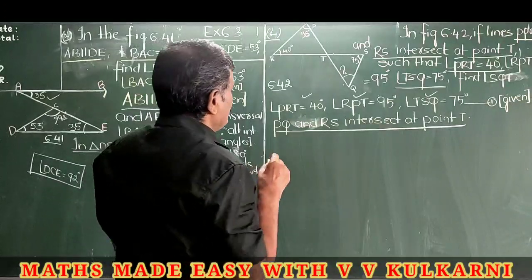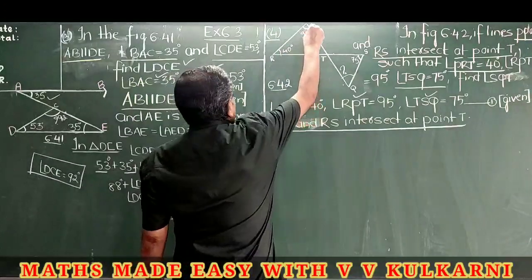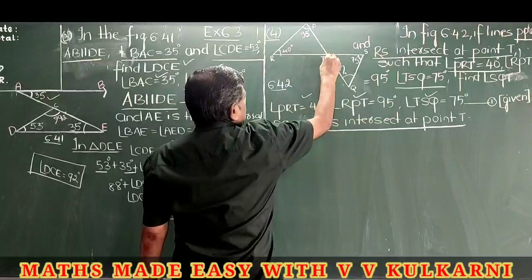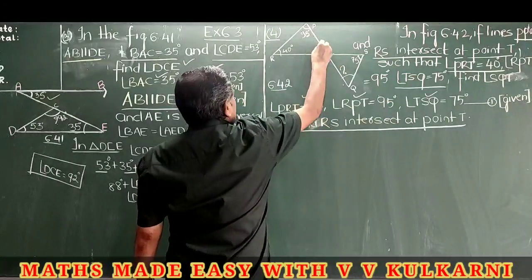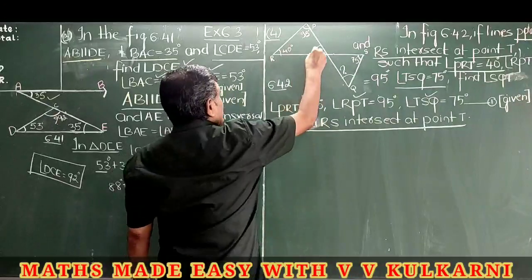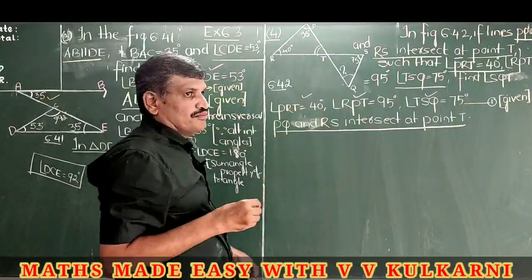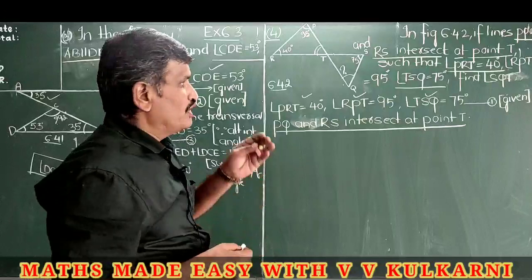Now, see children, let me use my common sense. This is the triangle PRT. In this triangle, I will find this angle. How to find this angle? Again, the same angle sum property we have to use.